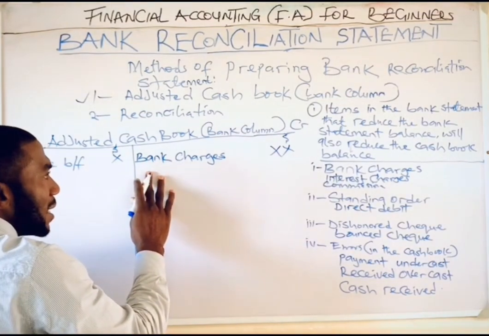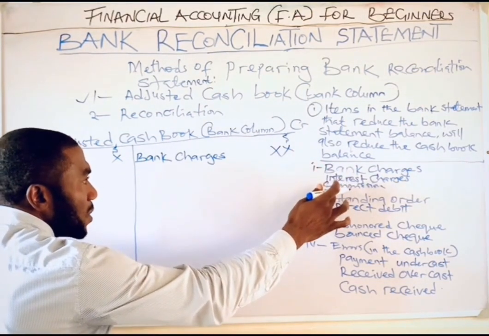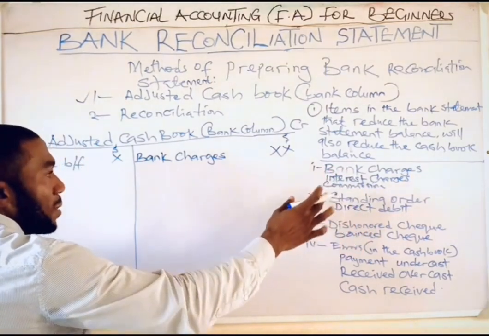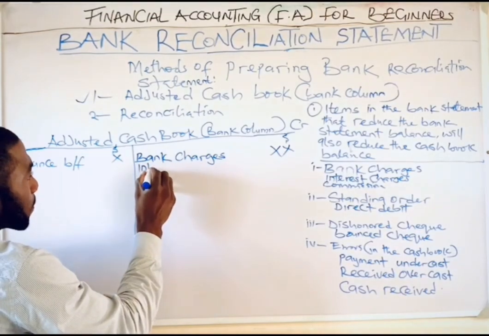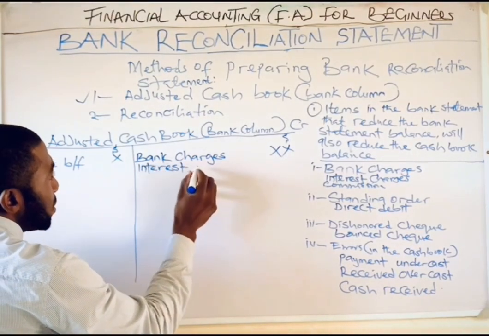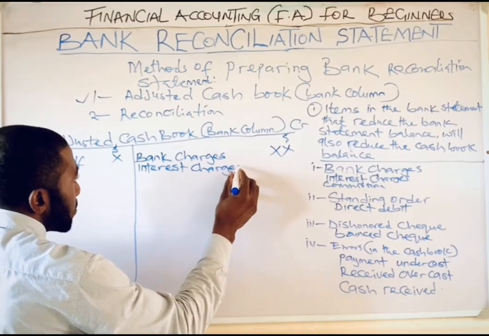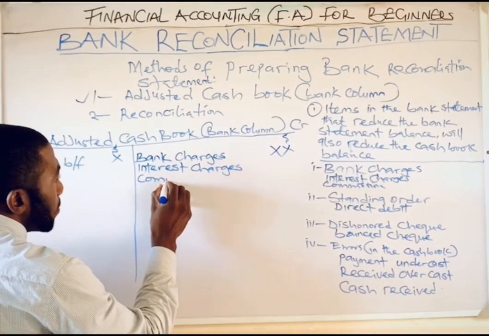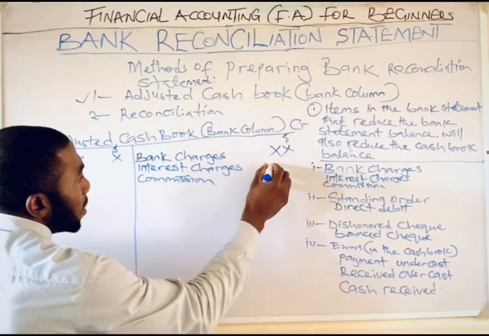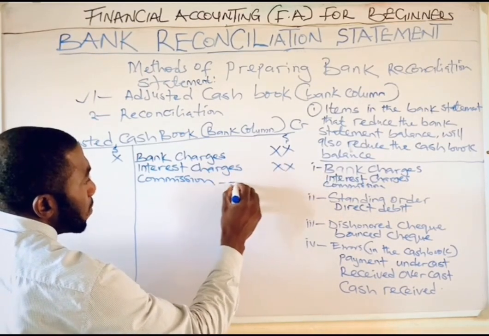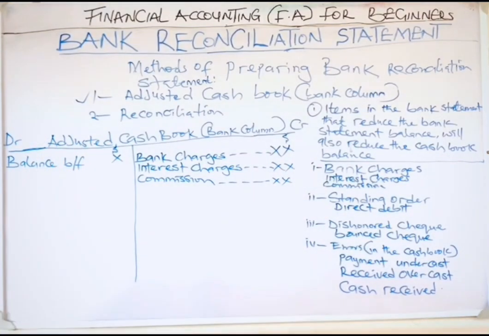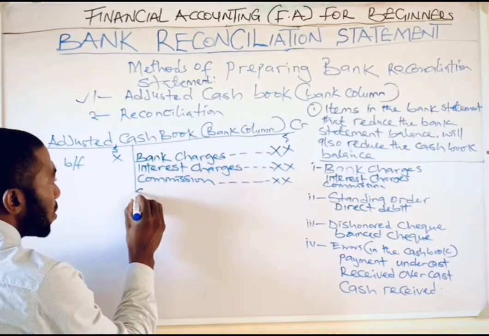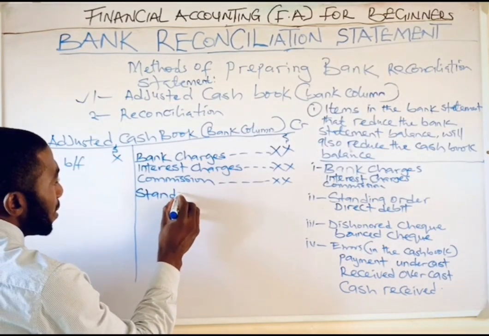These bank charges, let's put all these other names, which I say are all the same, but the examiner might try to test your intelligence, and let's put, say, interest charges, commission. Then we go to the second item that reduces our balance, which is standing order.